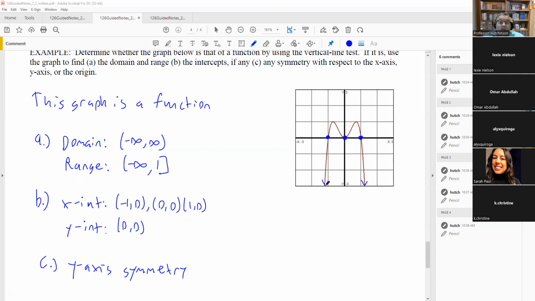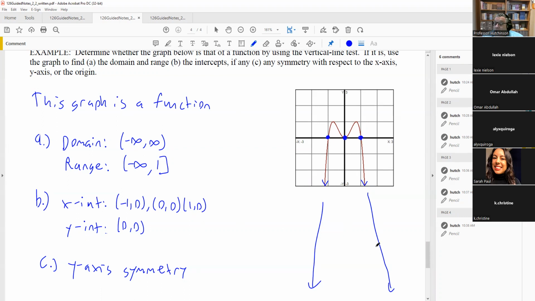Now I had a question to ask the chat about how do we get the domain again? So the domain is talking about the x values the graph uses. As this graph goes down, it's going to get wider and wider. As it keeps going down further and further, the graph is getting wider and wider. As it gets wider, it's using more x values.